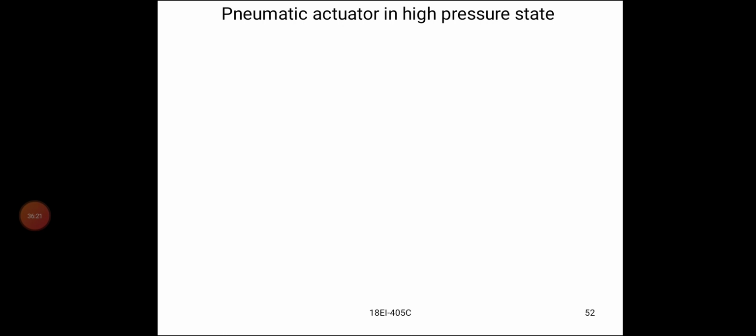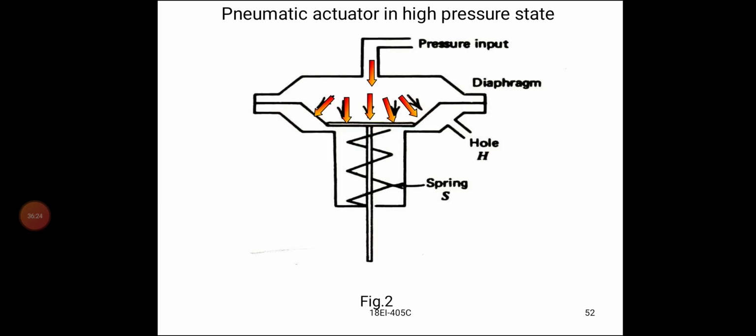Pneumatic actuator in high pressure state. The high pressure acts on the diaphragm, which has a unit area A. The pressure causes a force acting on it.